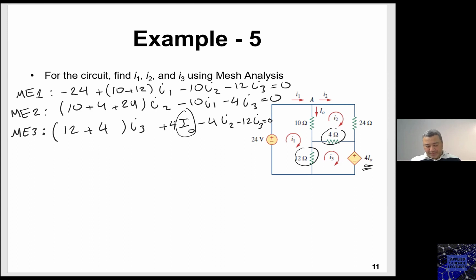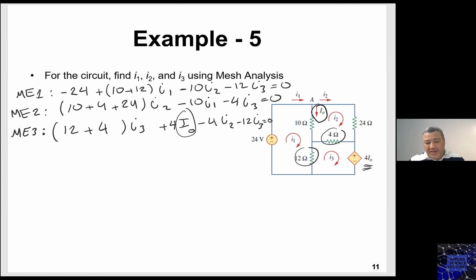For example, this is a current controlled voltage source, controlled by I naught. I should go search for I naught in my circuit, and that's I naught, and come up with an expression or an equation that relates this I naught to my standard variables in mesh analysis.